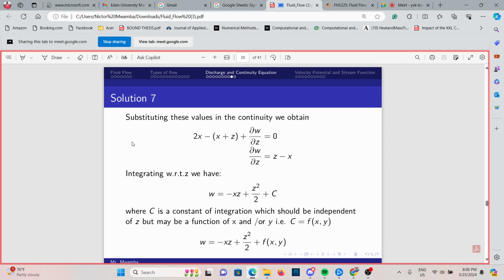So now let's look at this point. From here, I'm saying we integrate. Why are we integrating? That is your question.